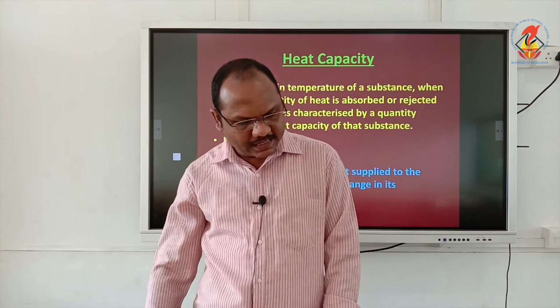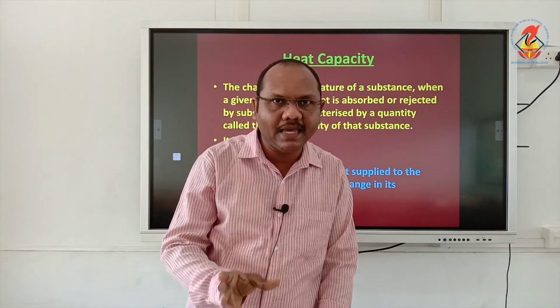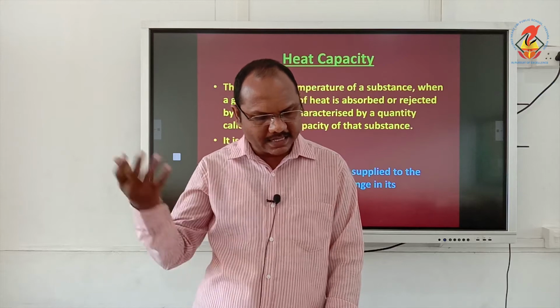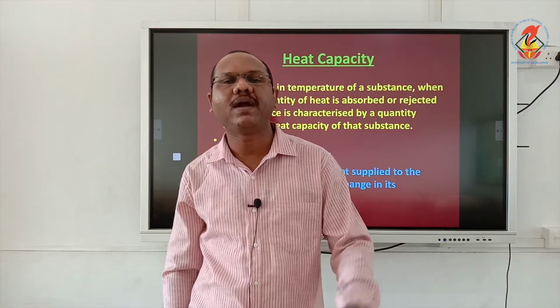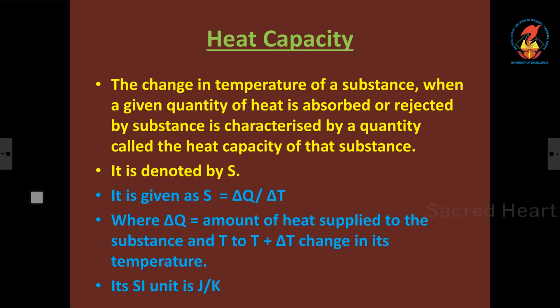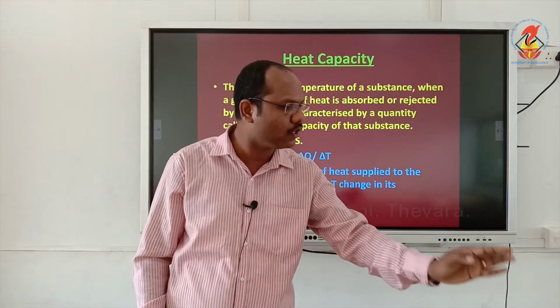It is defined as the amount of heat required to raise its temperature through 1 degree. The amount of heat required to raise the temperature of a given substance by 1 degree. For example, I am taking a bucket of water. How much heat I have to give to increase its temperature by 1 degree? That is called heat capacity of water.